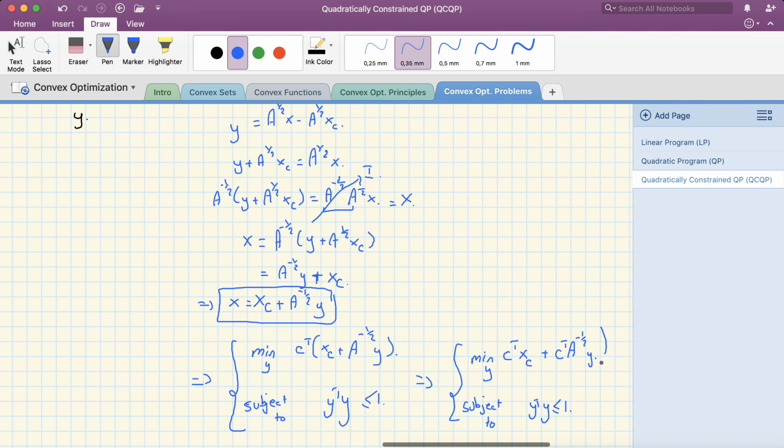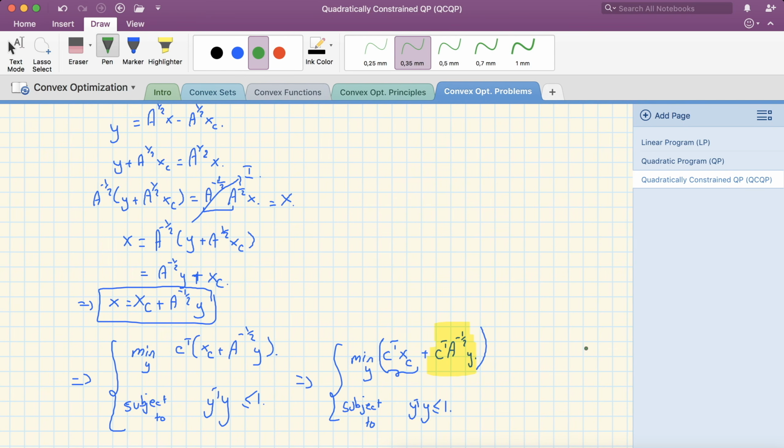Now, you're minimizing this cost as a function of y. Therefore, this guy is a constant and does not affect the minimization. And hence, we can get rid of it. So we could omit this guy and just focus on this, right? So we're minimizing this, and hence, the final problem we're trying to tackle is this.